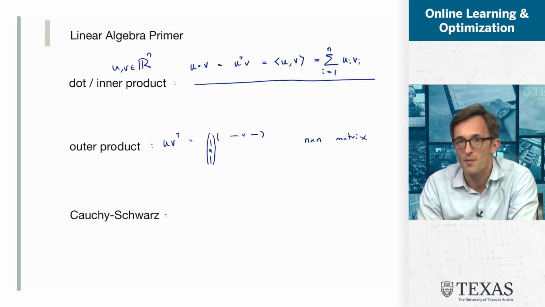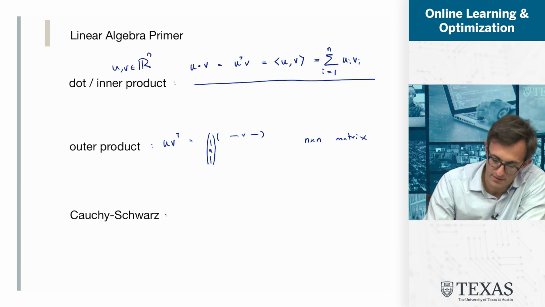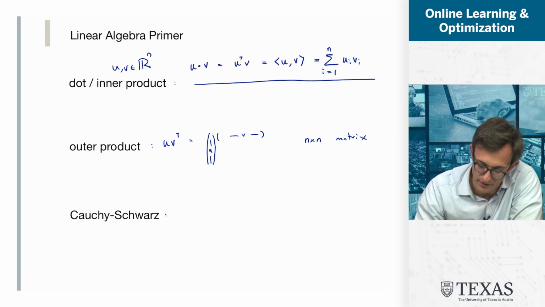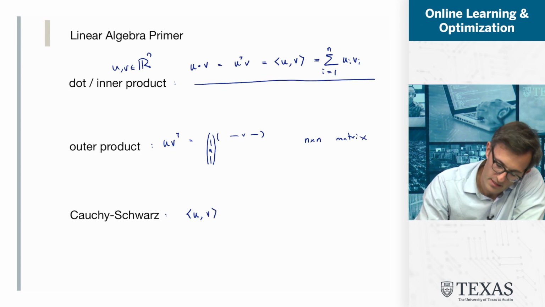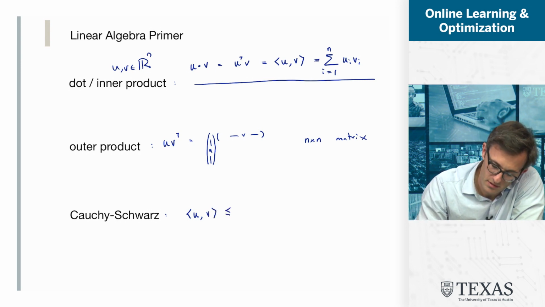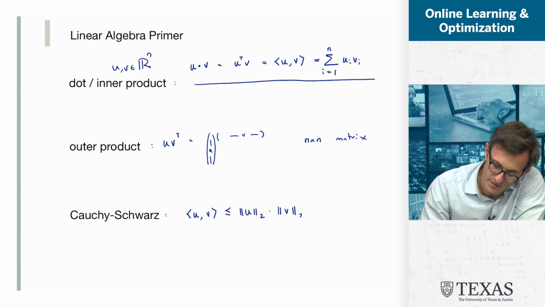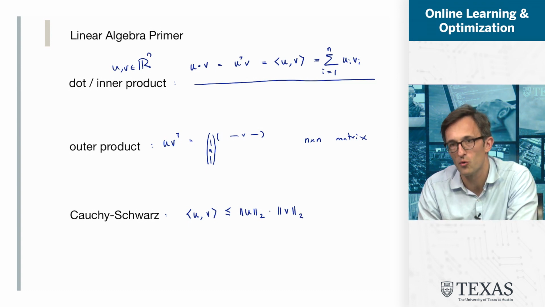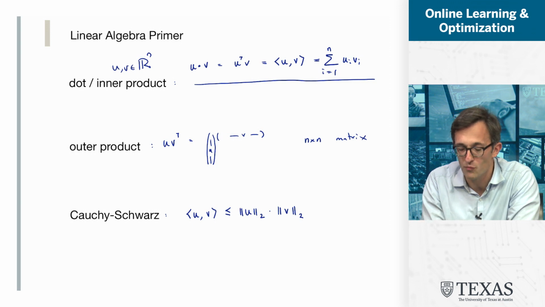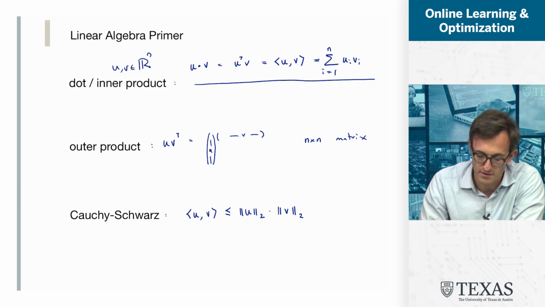A really important property that we're going to use repeatedly is called the Cauchy-Schwarz inequality. And it tells us that the dot product of u and v is less than or equal to the length of u times the length of v. So let's use this opportunity to look a little bit more at the geometric property of what this operation really means.